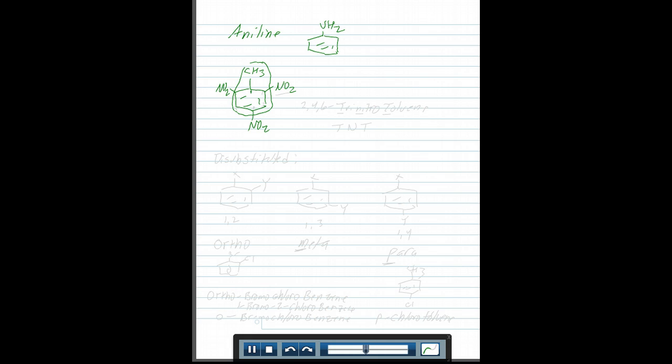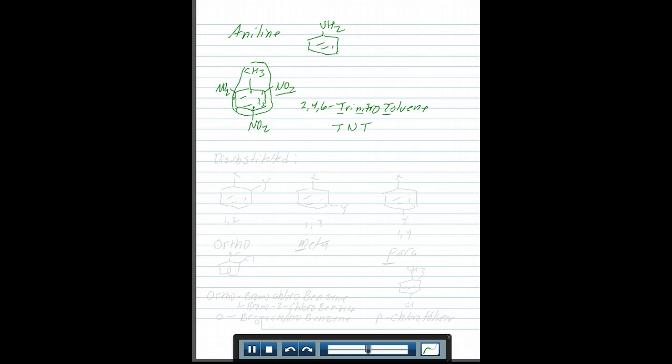If you go around, you'll see that this is 2, 3, 4, 5, 6. These groups are called nitro groups. So this is called 2,4,6-trinitrotoluene. I'm just showing you how these common compounds are used. This is also known as TNT. This is the structure of TNT.